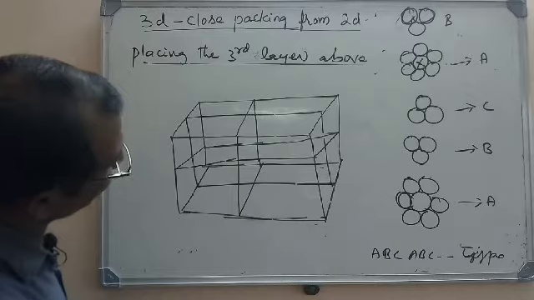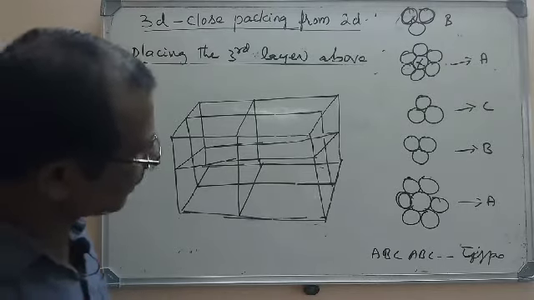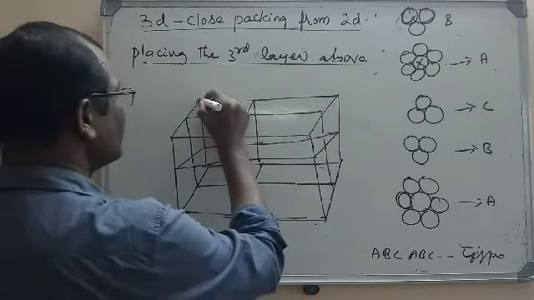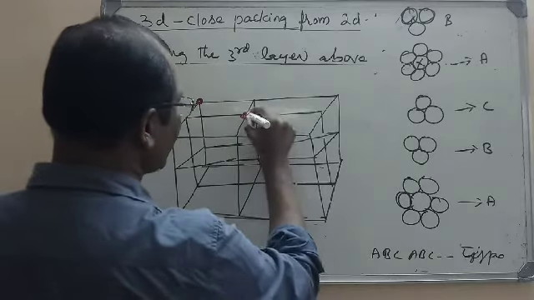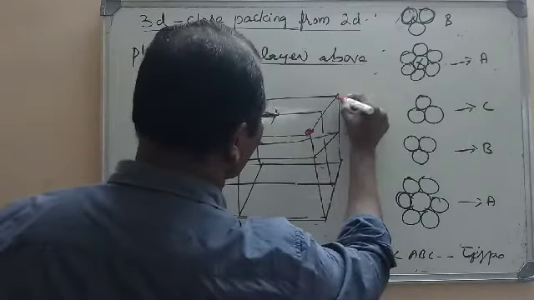This is the 3-dimensional lattice that we had generated. Look here. Here will be 2 points, here will be 1 point, and here will be 2 points.